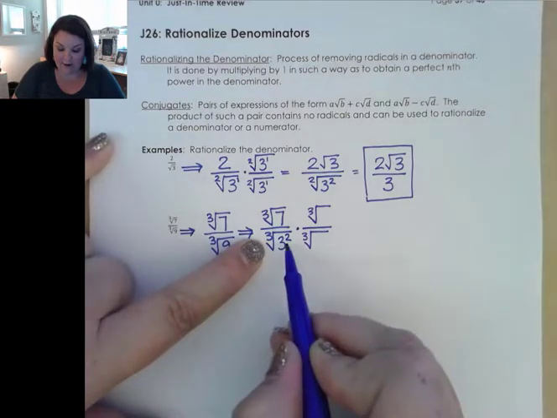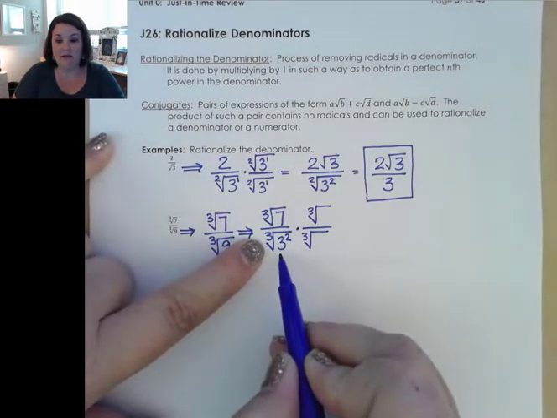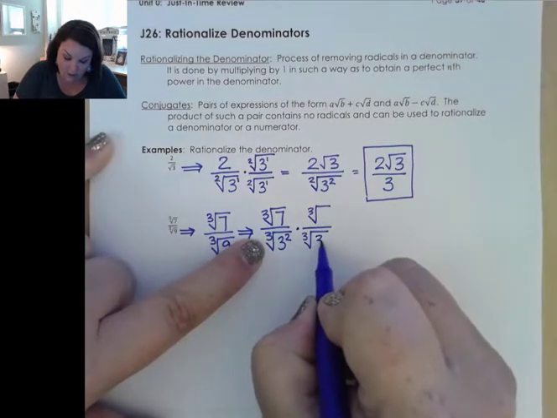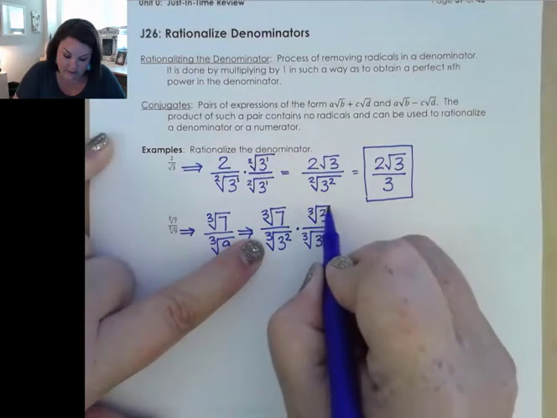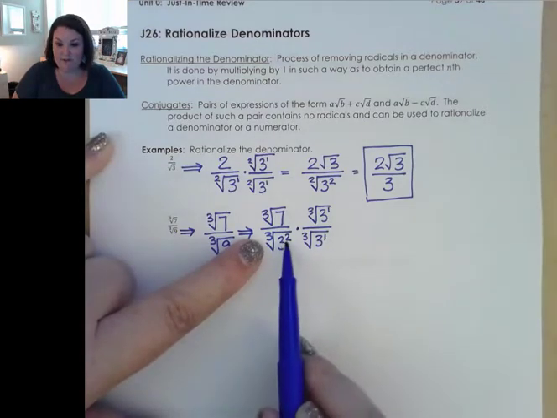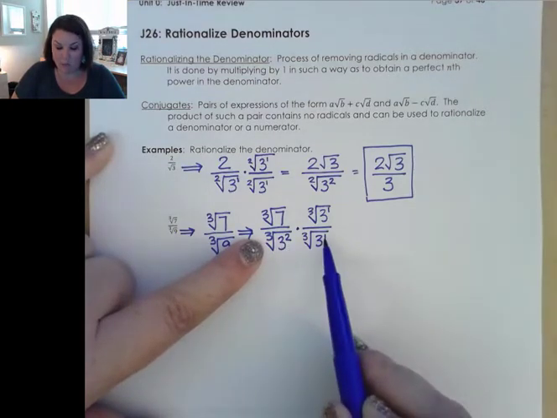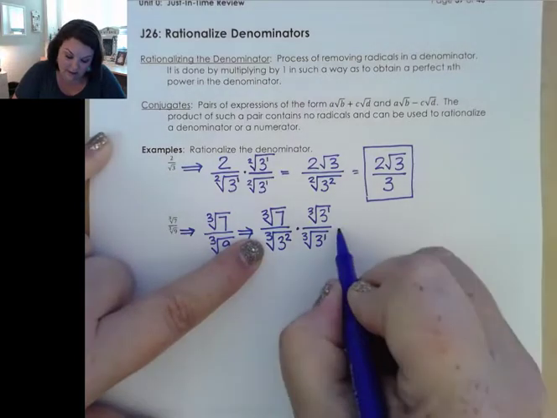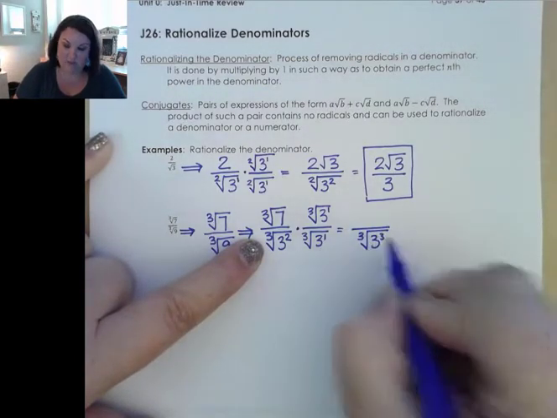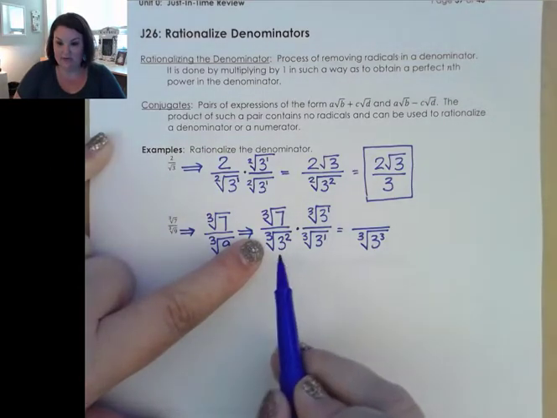Since I already have 2 copies of 3, in order to get up to 3 copies of 3, I need 1 more copy of 3. Again, I'm just writing that exponent in to show that I have 2 copies of a 3 here, and by adding 1 more copy of a 3, on bottom I should end up with 3 copies of a 3 when I multiply these together.